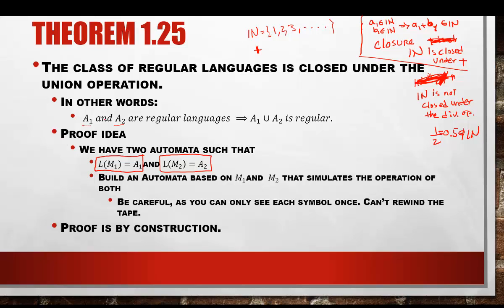If I have a string that is a member of A sub 1, then by nature that string would be a member of the union, right? If I have a string that's a member of A sub 2, then by nature of the union operation, that string would be in the union as well, right? Which is what I'm going to utilize.